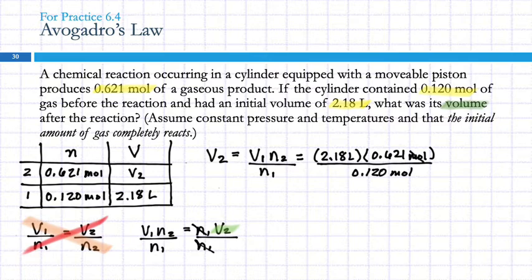We can see that the moles are going to cancel out, so that's a good sign. 2.18 times 0.621 divided by 0.12. Calculator says 11.2815, and the unit left is liters. How many sig figs? 3. So I'm going to round that to 11.3 liters.